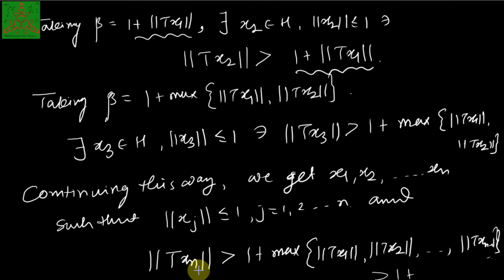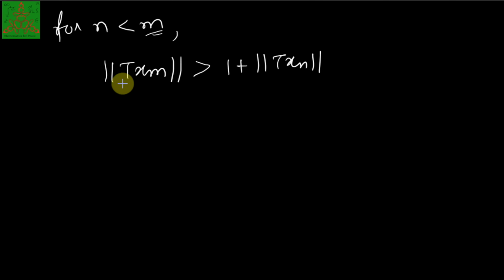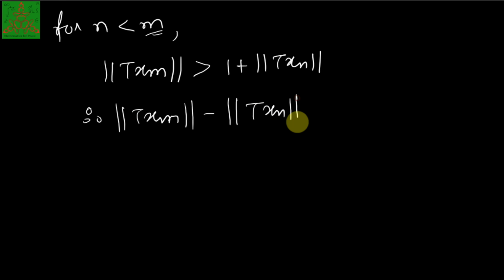So if n is bigger, then norm of T xn is greater than 1 plus norm of T xi, where i runs from 1 up to n minus 1. And if m is bigger, then norm of T xm is greater than 1 plus norm of T xn. So this gives norm of T xm minus norm of T xn is greater than 1.